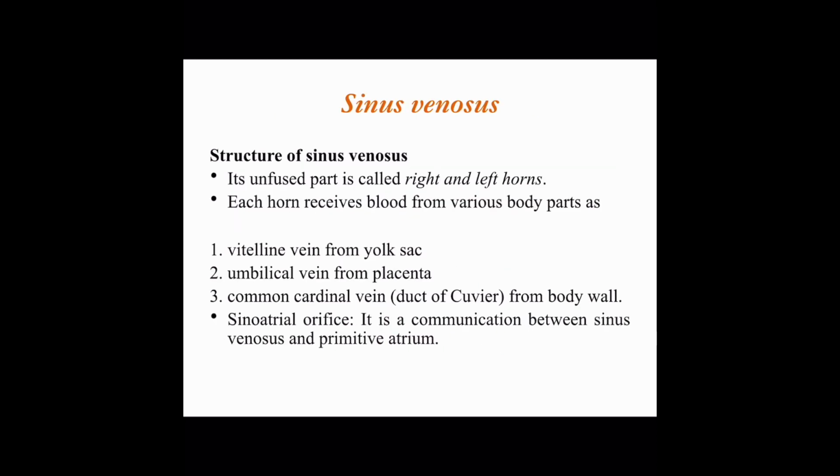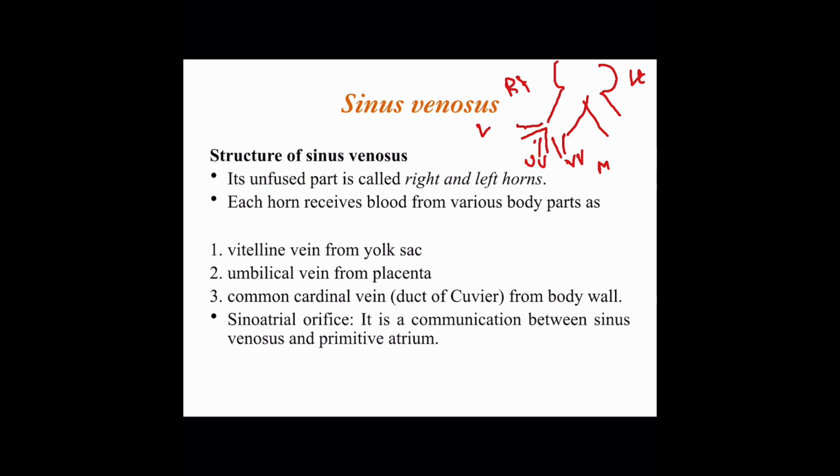So, understand the sinus venosus. I'll just simply draw. Above there are the developing atria, and these are the sinus venosus. This is the right side, this is the left side. Each sinus venosus will be joined by the common cardinal vein, from lateral to medial: common cardinal vein, then umbilical vein, and then vitelline vein.